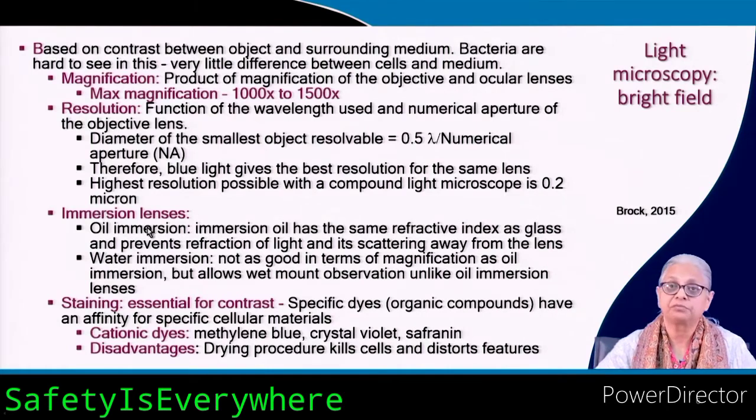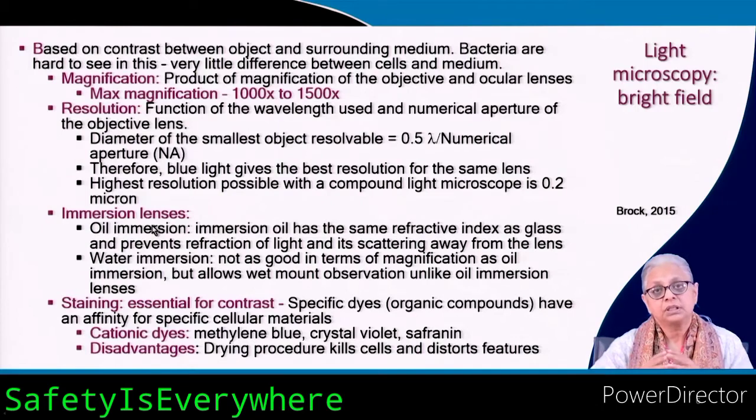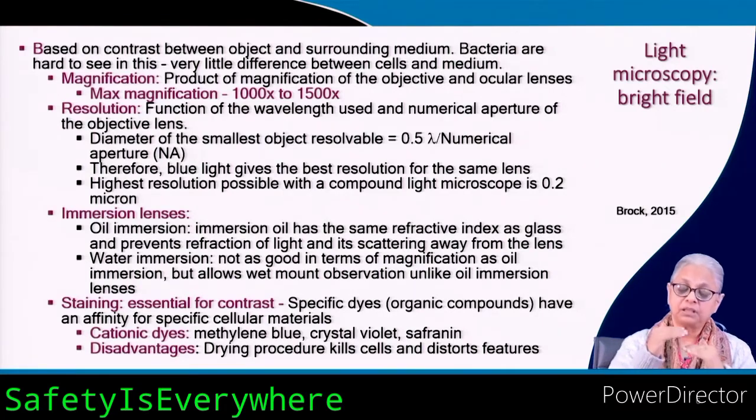Then we come to a modification within light microscopy. You can have what are called wet mounts and dry mounts. I will talk about wet mounts and dry mounts in a little bit, but very often what we do, especially at the highest magnification of 100 times, we put either oil or water between the object and the objective lens. We don't put air in between, okay?